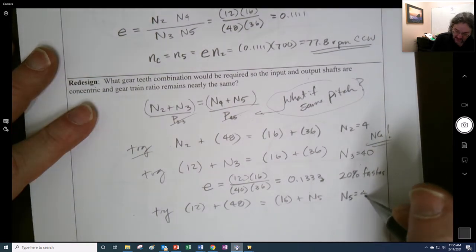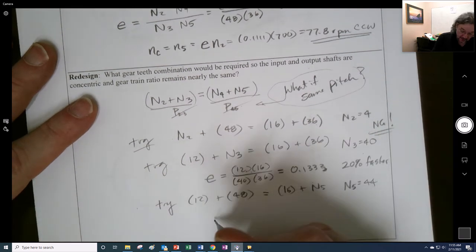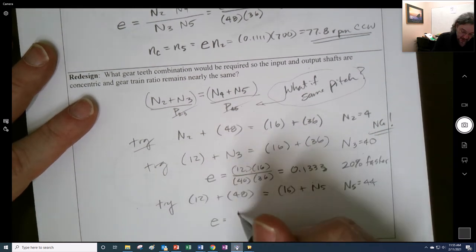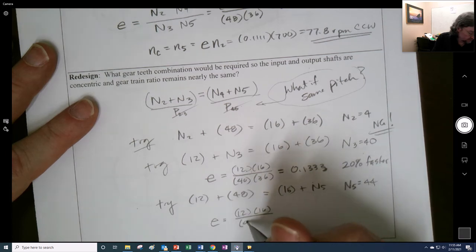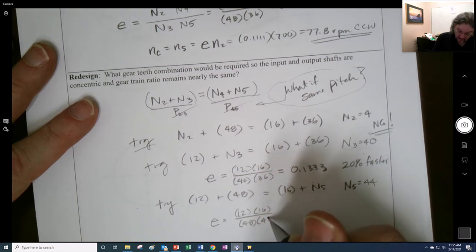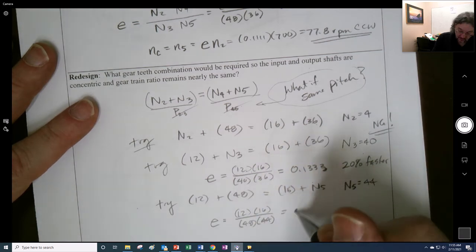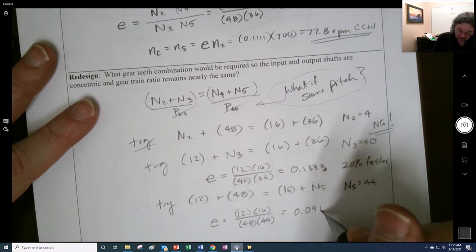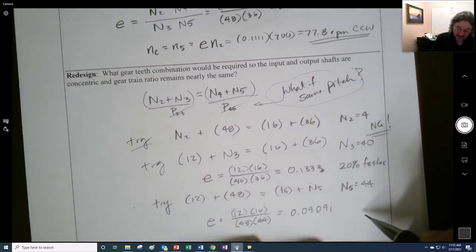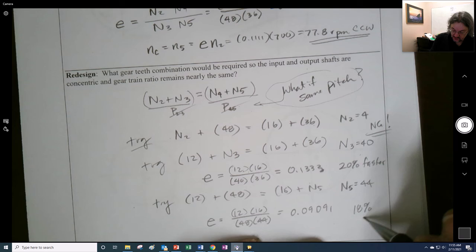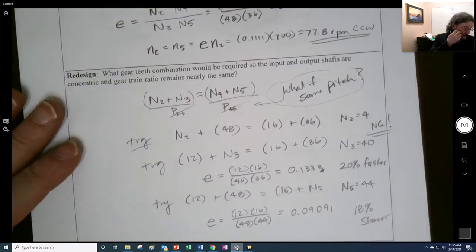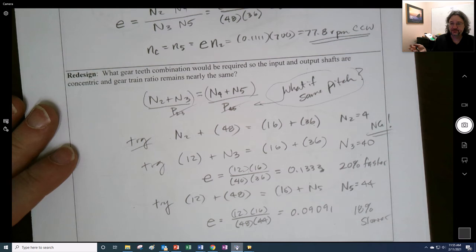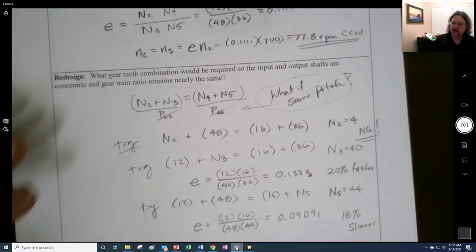We would find that we had 44, and so our gear train ratio is 12, 16, 48, and 44 now, 0.09091, and that's 18% slower.